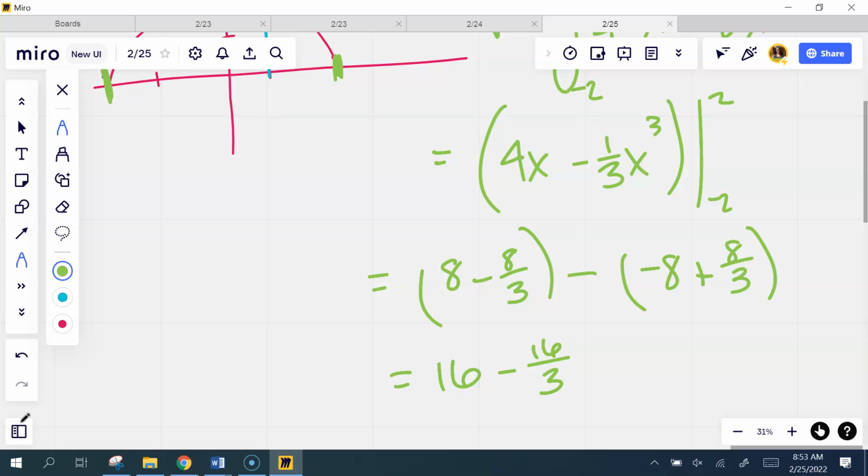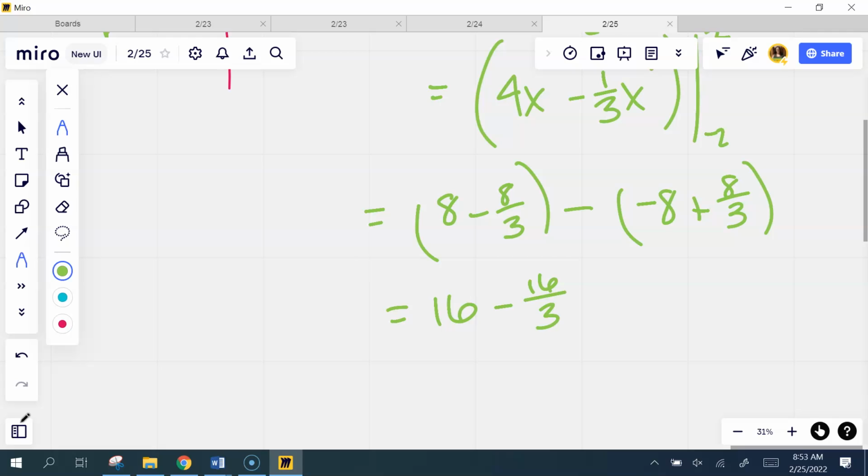Well, 16 times 3, 48. 48 minus 16, 32 over 3.